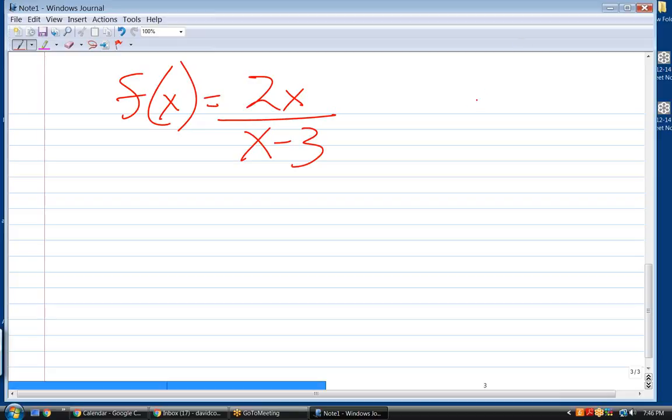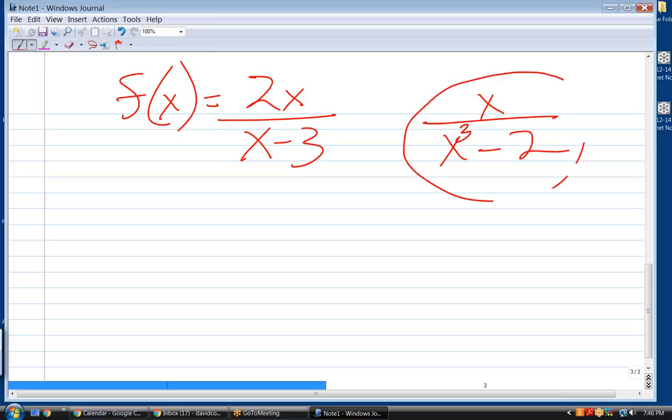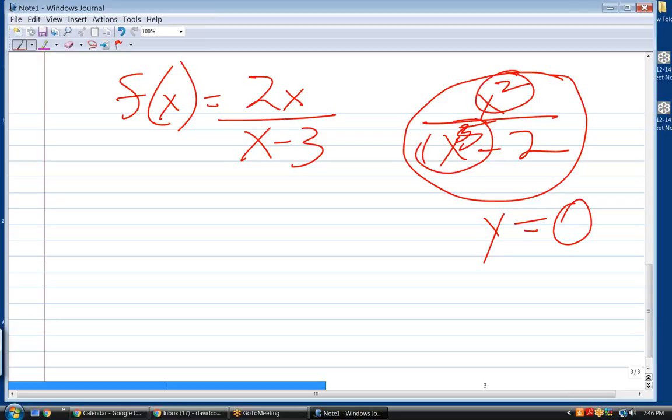You have one type where the degree of the variable in the numerator is less than the degree of the variable in the denominator. When you have that situation, your horizontal asymptote is y equals 0, no matter what. That could be squared, that could be to the 5th. As long as the bottom has a bigger exponent than the top, the horizontal asymptote is y equals 0.